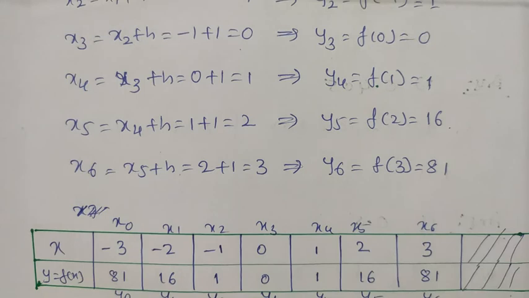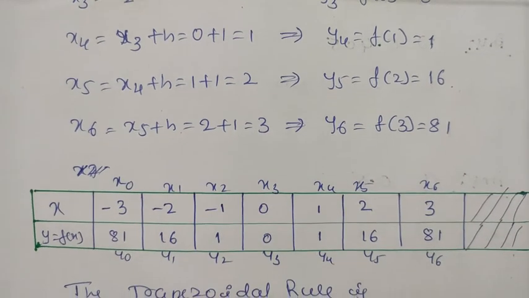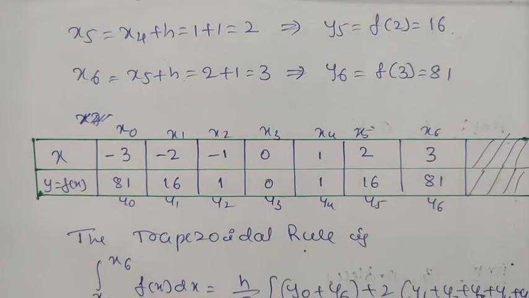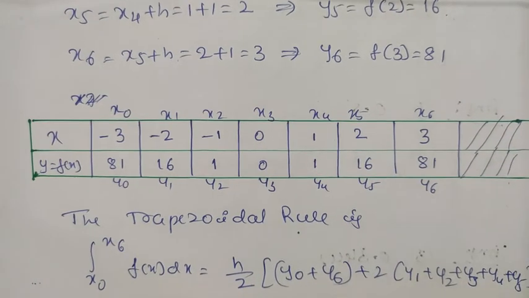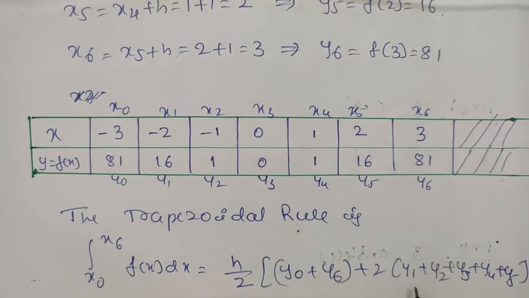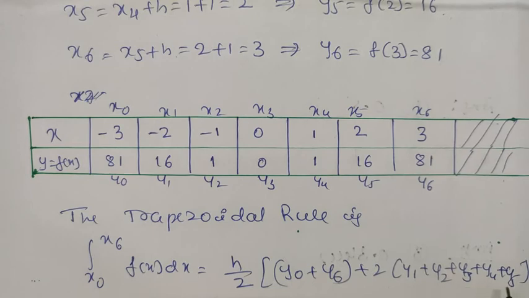I have written all these values in the table. Now write the trapezoidal rule formula: integration from x0 to x6 of f of x dx is h by 2 into y0 plus y6 plus 2 times the remaining values, y1 plus y2 plus y3 plus y4 plus y5.